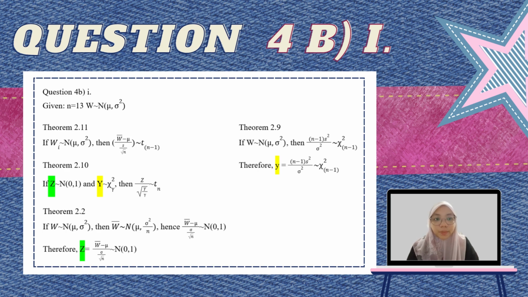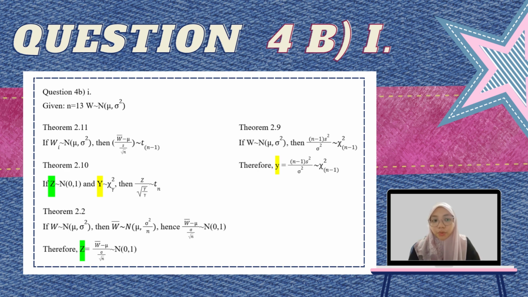Based on the equation, we are given n equals 13 and W follows a normal distribution. Based on the theorem for the T distribution, if random variable W follows a normal distribution, then the following equation follows a T distribution with n minus 1 degrees of freedom. So first, we need to know which distribution W bar follows.